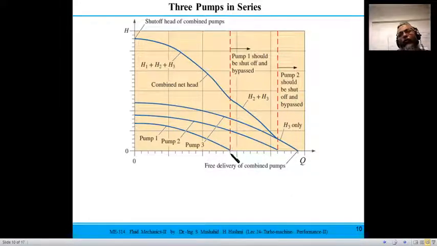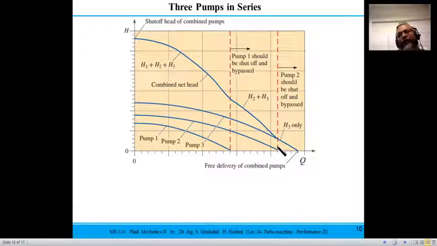So if you look here, beyond this red line, pump 1 should be shut off or bypassed, because now the head for this flow rate is coming from pump 2 and pump 3 only.